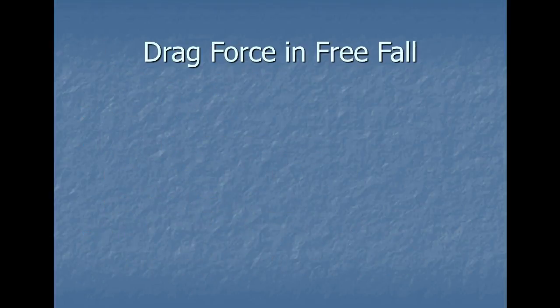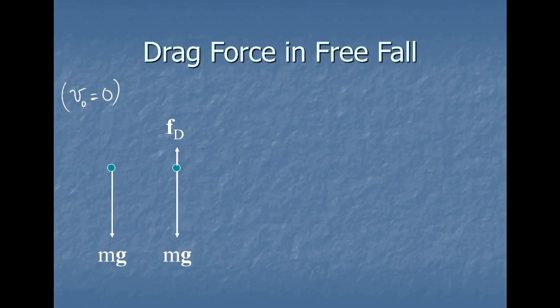For example, let's think about the drag force in free fall. You start with an object that has the force of gravity mg, assuming that v initial is 0. After a short period of time, it's moving with a certain speed, and since the drag depends on the velocity, at a low velocity we have a low amount of drag.